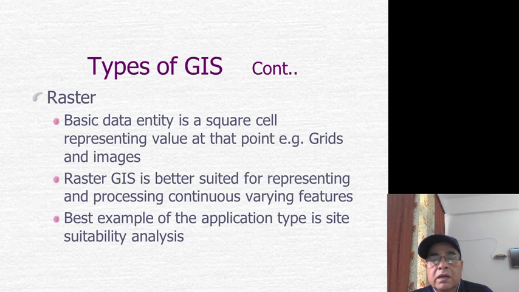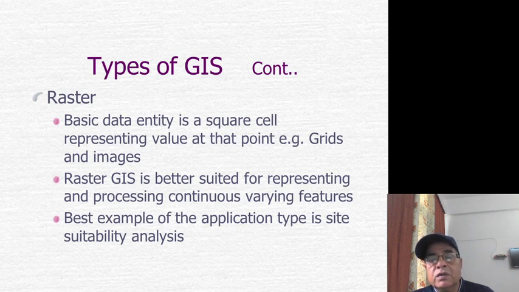So if the data is represented in the form of a square grid, then we say that it is the raster data. The ready example is the digital image from the satellites which we are receiving. Raster data GIS is better suited for representing and processing continuously varying features.